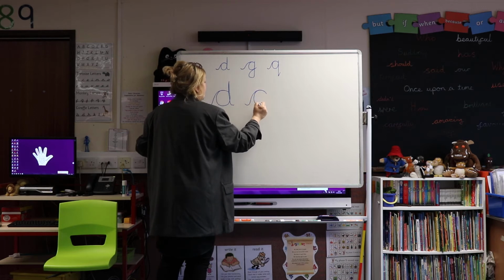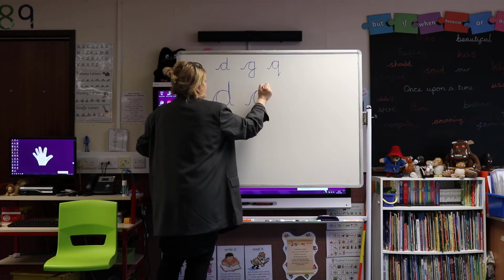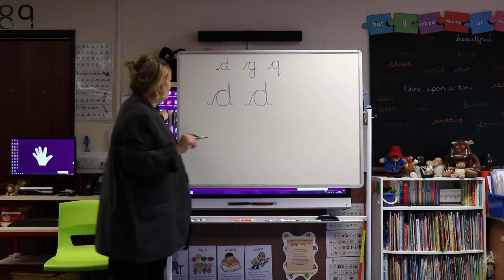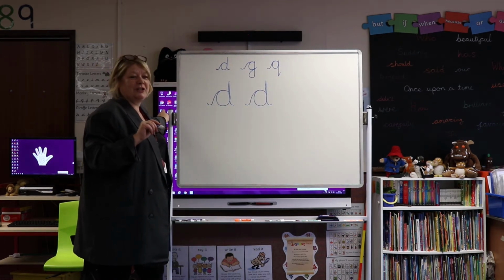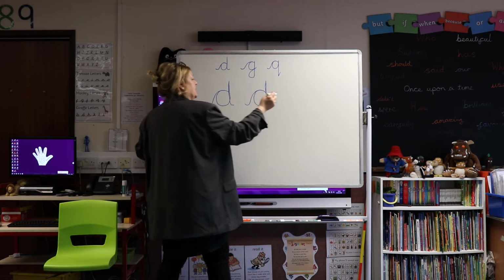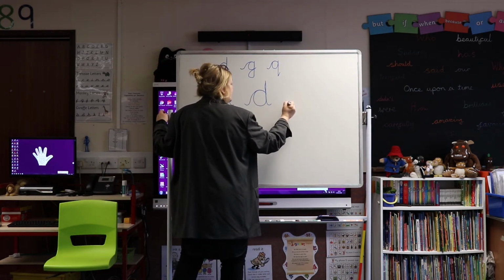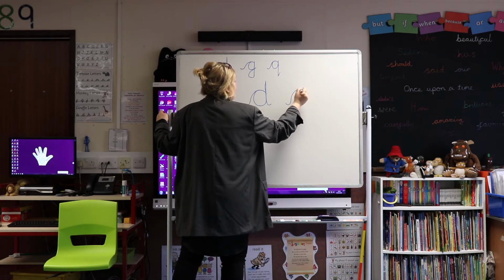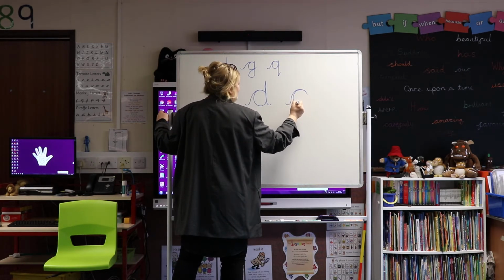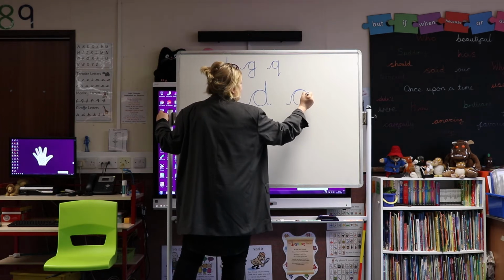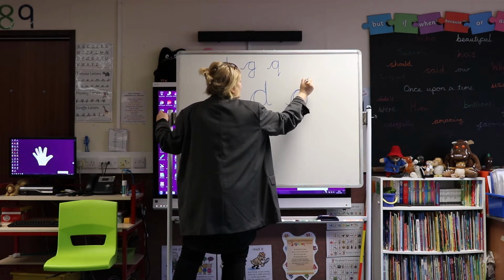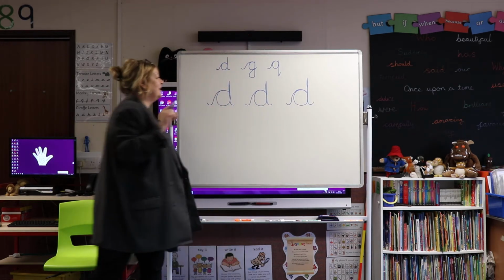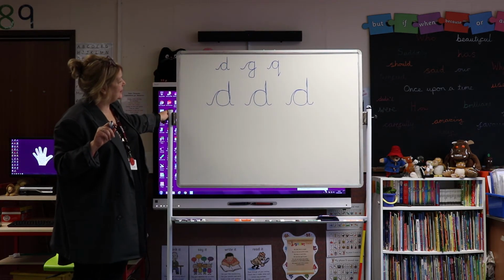Back to 10 o'clock, keep on going, twice the height, down and flick. I need to keep practicing. I'm going to try to do a really good one now. Starting with my leading on the line, all the way around to 2 o'clock, back to 10 o'clock, round, looks like a C, looks like an A, up to make it a D, and flick. I think the third one was the best one.